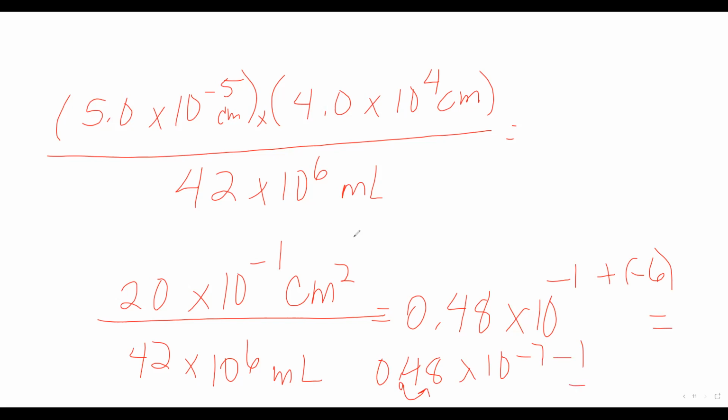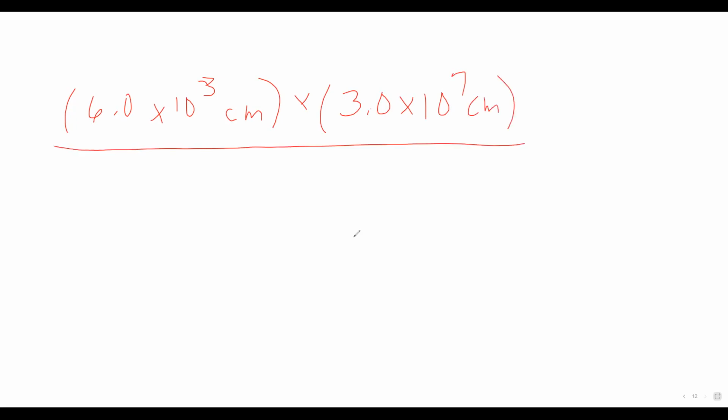So now the answer is going to be 4.8 times 10 to the negative 8 centimeter cubed per milliliter. See? That's how you would do one that is a mixed one with multiplication and division. If we have 2 multiplications and then divide, that's another story; you have to do both separately.